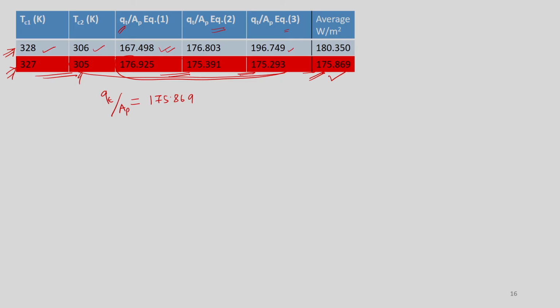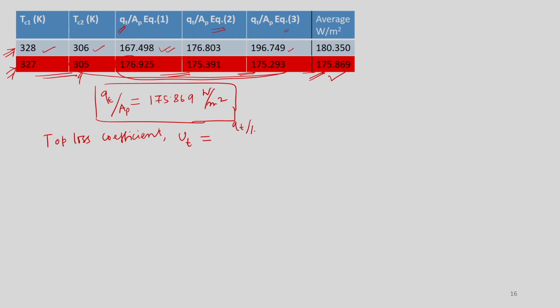So, what happens now? This is watt per meter square, we will calculate what is UT. Okay. So, top loss coefficient, that is UT, is nothing but QT by AP, divided by TPM minus TA, right.